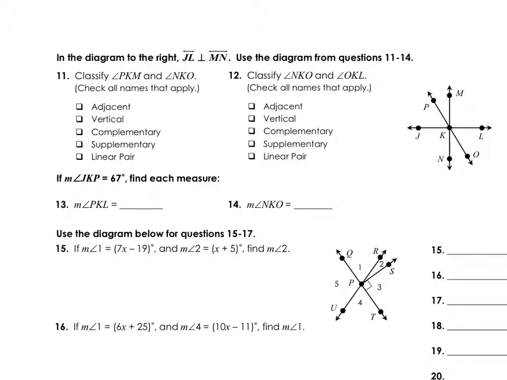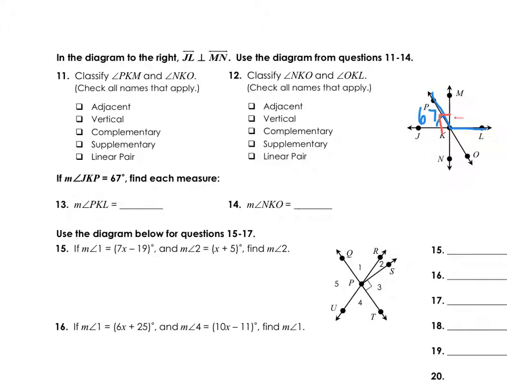13 and 14. They want us to find JKP. That would be this angle here. How many degrees is that? They tell us that it's 67 degrees. So they want us to find PKL. That's this dude right here. Well, remember, that totaled 90, right?